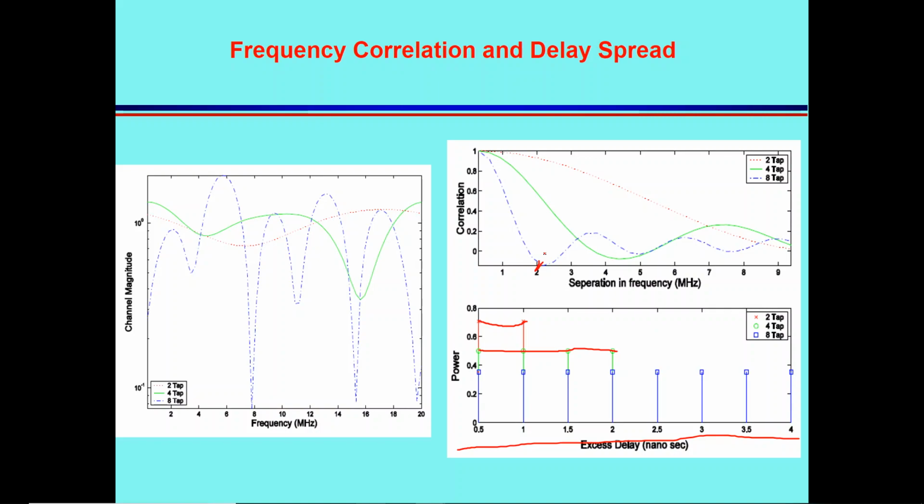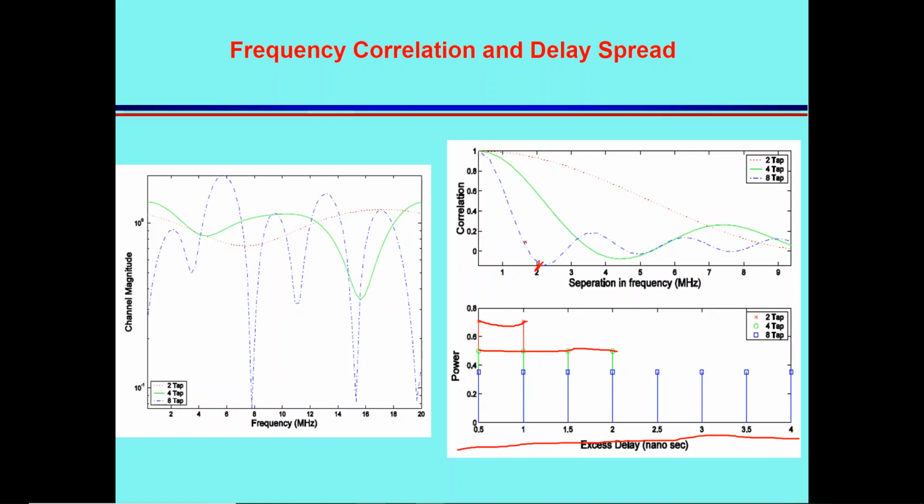If I give you the coherence bandwidth and tell you to find the delay spread, can you find it? You can, because the coherence bandwidth is 1 over delay spread. Any one of them, you get the other, with a factor, of course.